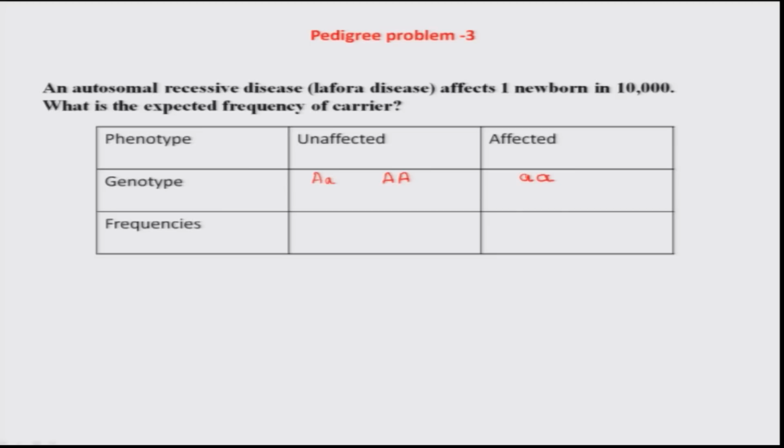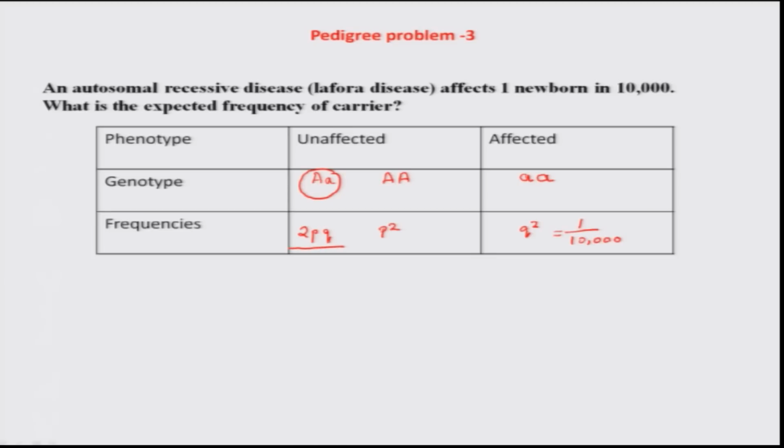And the frequencies, if we write, this would be p square, this would be q square, and this would be 2pq. Now, we know from the problem that for the recessive disease, q square is 1 by 10,000. And we have to figure out the frequency of the carriers, that is capital A and small a, that is, we have to calculate 2pq.